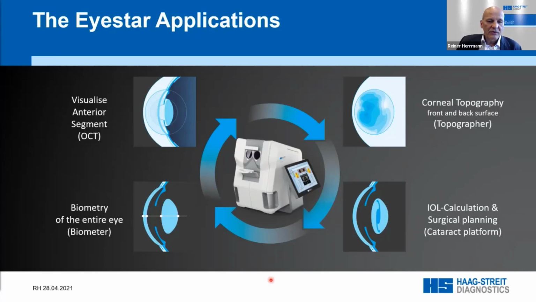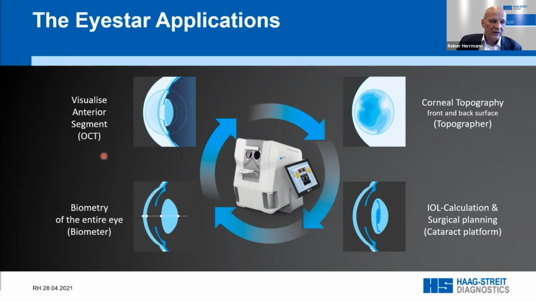Then we use this data for IOL calculation with the latest formulas and the latest planning procedures. And the device also already carries corneal topography and allows to visualize the anterior segment.